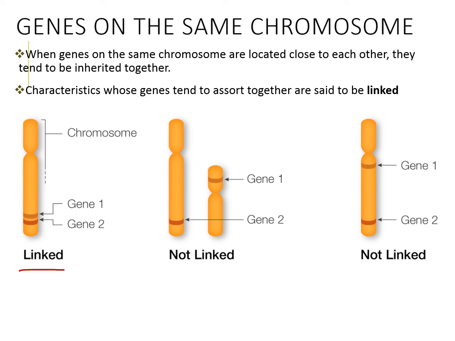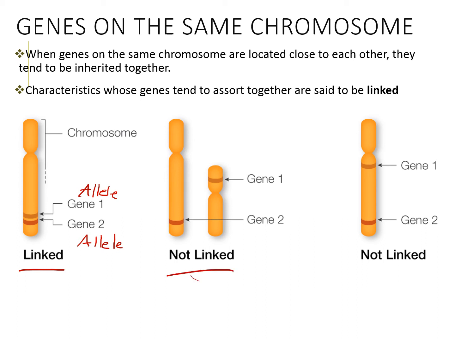Here, if gene 1 and gene 2 are that close to each other on one chromosome, just think about it: if you inherit this chromosome, you're getting gene 1 and you're getting gene 2. And whatever allele there is on this particular chromosome for gene 1, you're getting that allele. That allele will be linked to the allele in gene 2. So not only are the genes linked, the alleles are also linked.